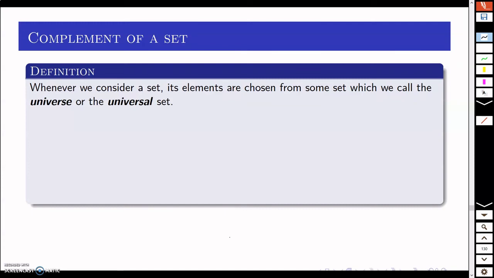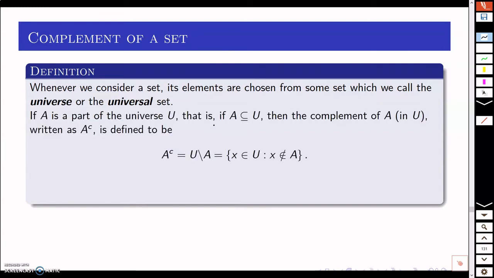So the complement of a set is defined in this way. If A is a part of the universe U, that is, A is a subset of U, where the universal set is the biggest set and A is a small part of it, then the complement of A with respect to U is written as A complement, A with C on top, or sometimes A dash.